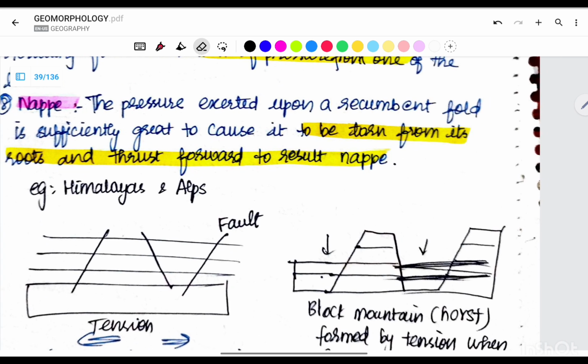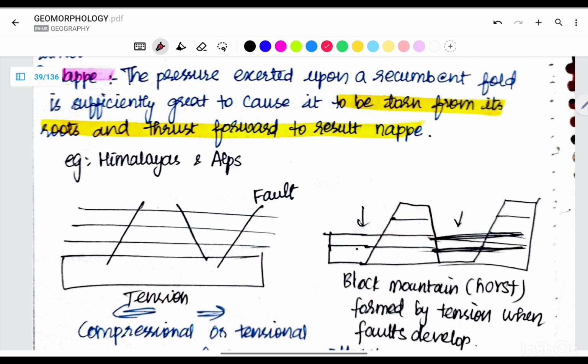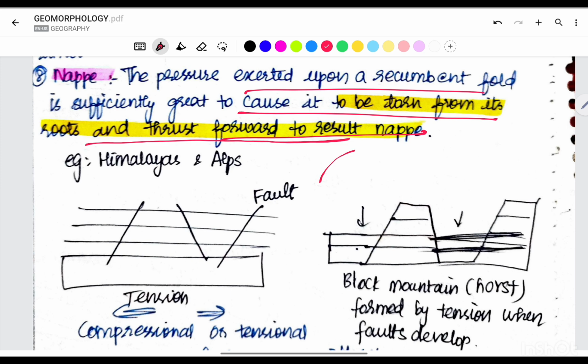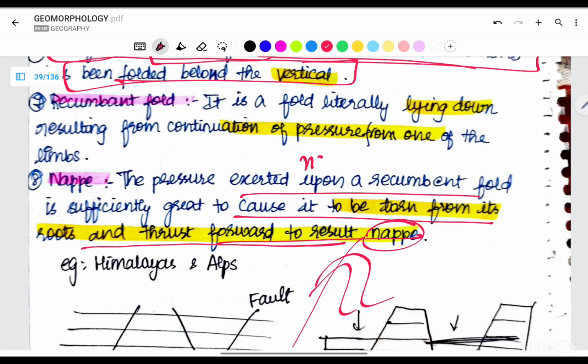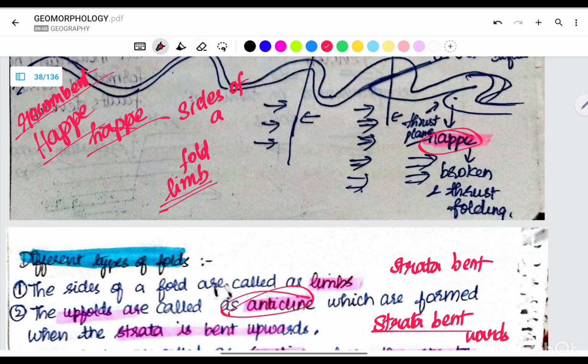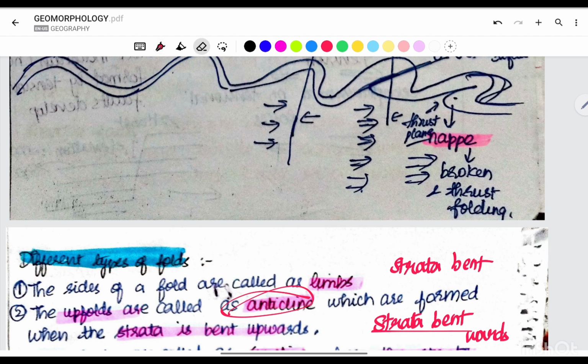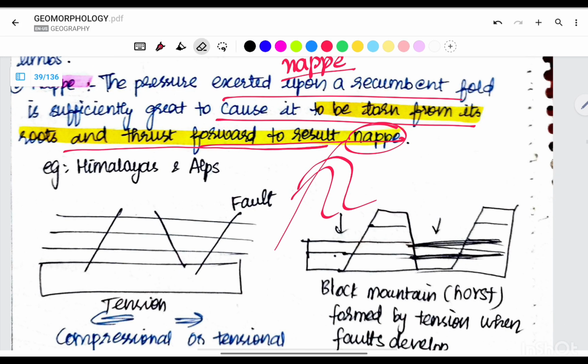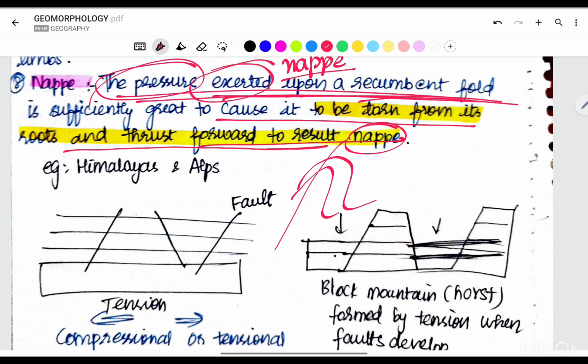And what is called a nappe? The pressure exerted upon the recumbent fold is sufficiently great to cause it to be torn from its roots and thrust forward to form a nappe. Sorry, it's nappe, not happy. I just pronounced it wrongly. The fold is torn from its roots and thrust forward.